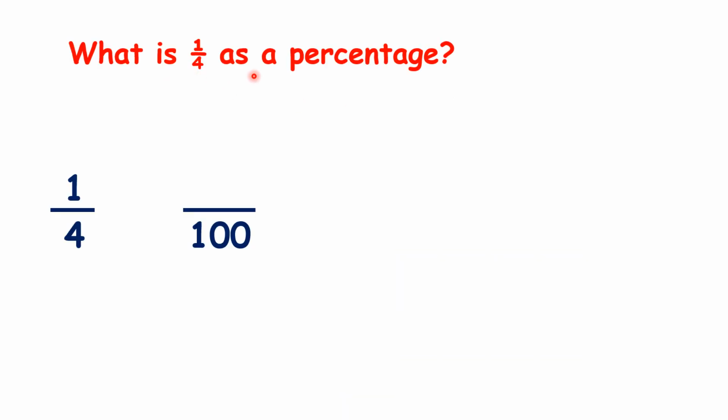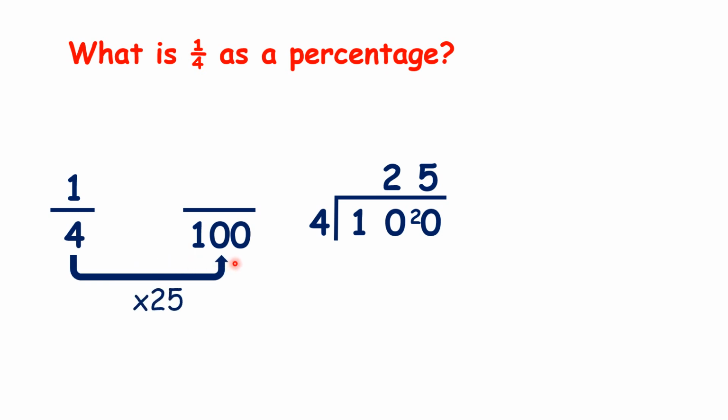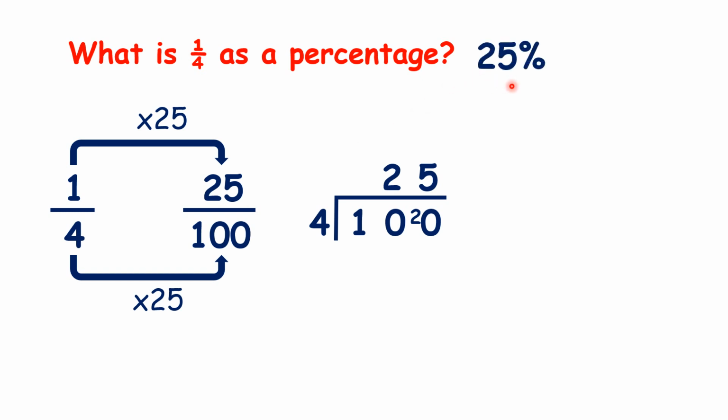So what is 1/4 as a percentage? 100 divided by 4 is 25, so 4 times 25 is 100, 1 times 25 is 25, so we have 25%.